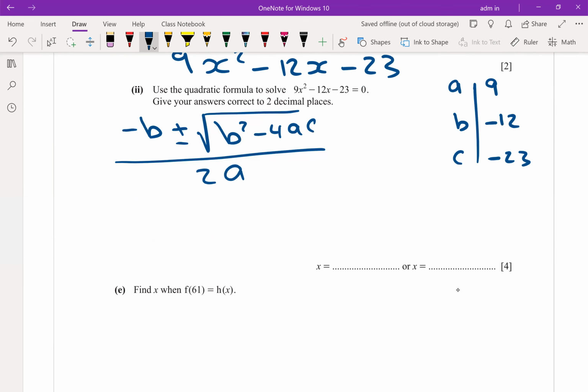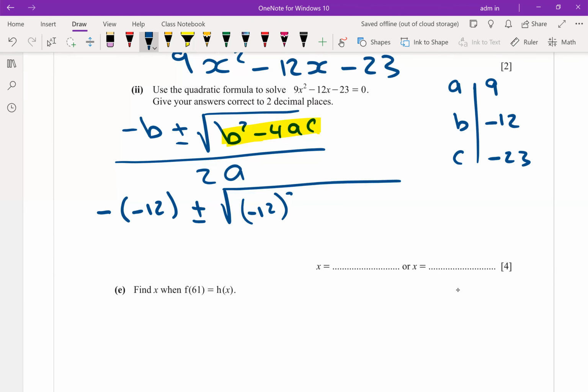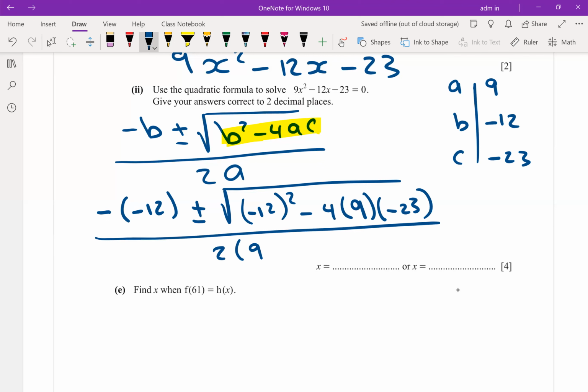At least show me 2 steps. Show me the substitution in each part, a, b, and c. Then calculate this part. Then you can write your answer by using the calculator rounded to 2 decimal places. Negative of negative 12 plus or minus square root of negative 12 the whole squared minus 4 times 9 times negative 23, all divided by 2 times 9.